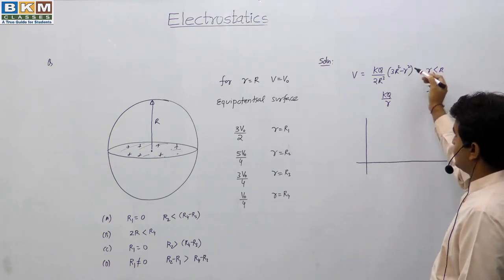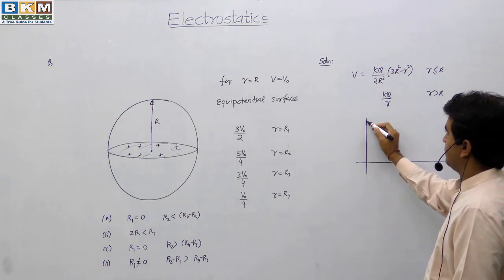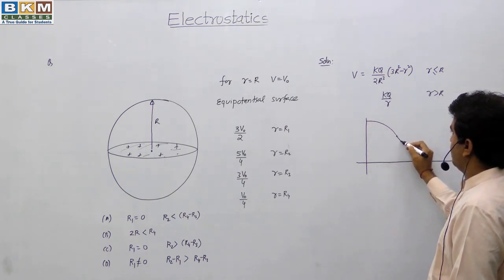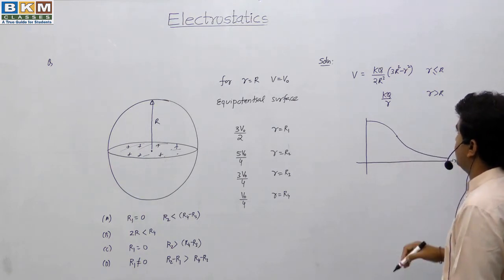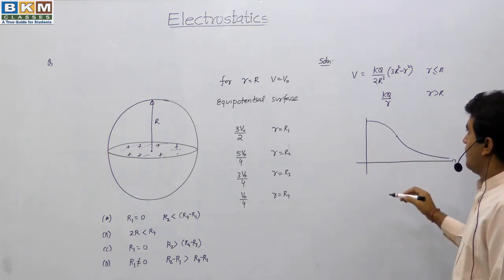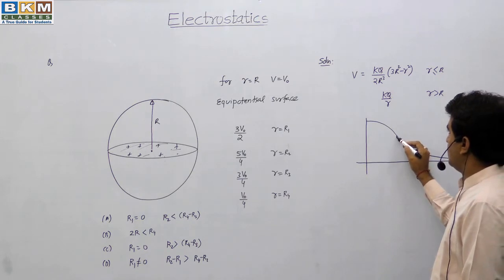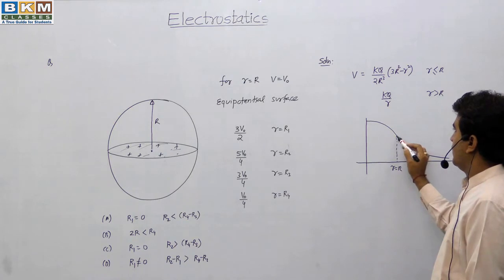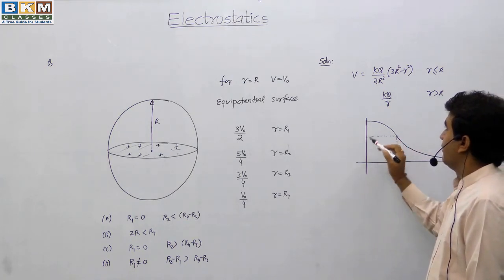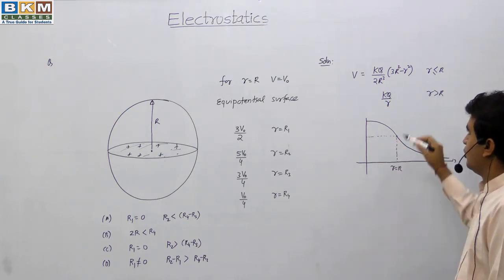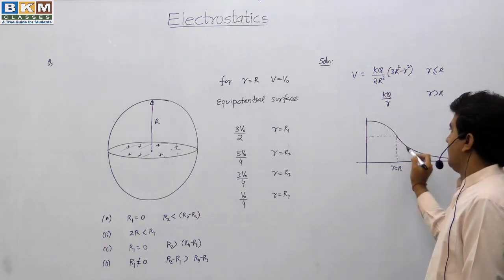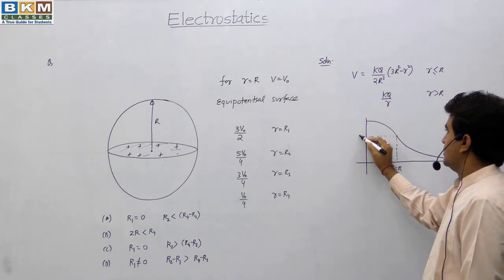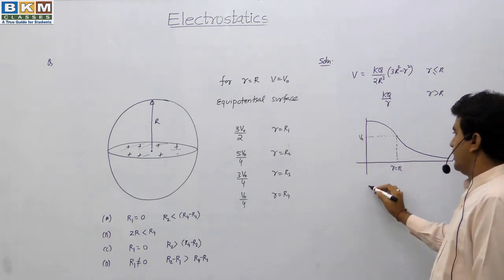This is minus of r square, so it is an inverted parabola, and then we have a hyperbola. At r equal to R, we have potential kq by R, so when we put kq by R, our potential is called V0. So V0 is the potential which is kq by R.